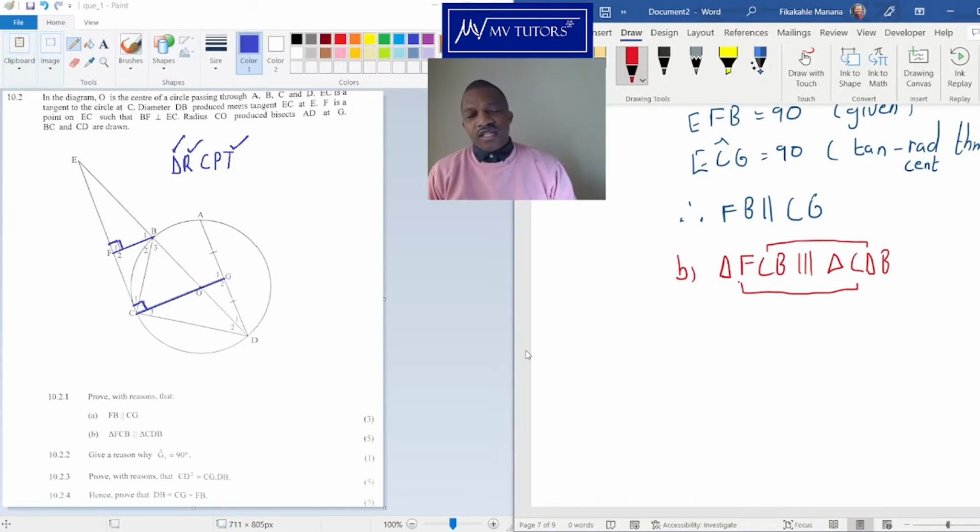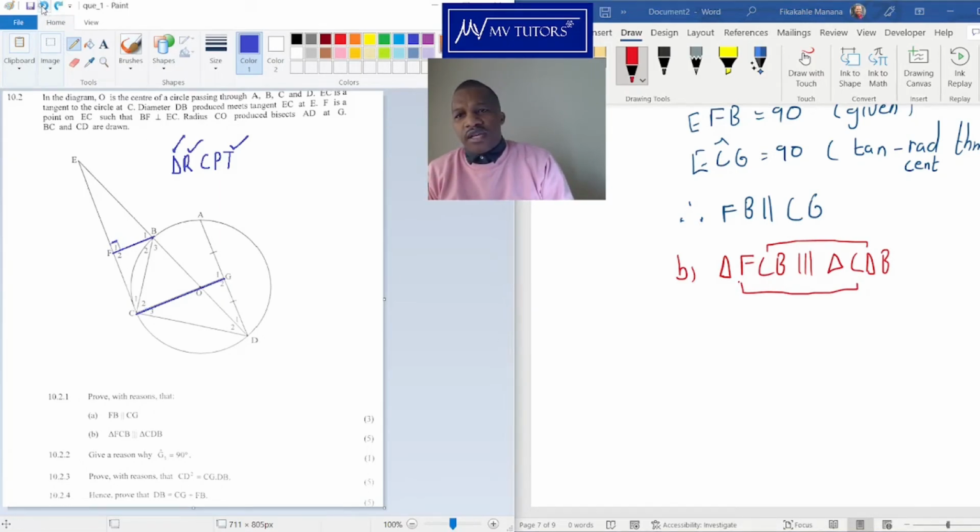Okay, let's start with the angle F. Why would it be equal to C? Let me actually draw the triangles out here so that it's much more clear, because I like to isolate them. FCB, it's this triangle right here.